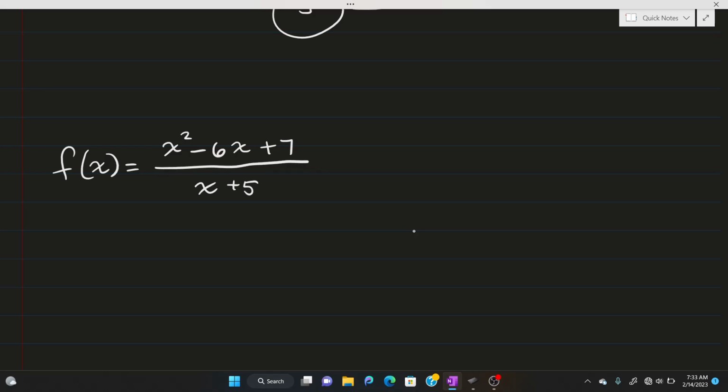So an example could be like this. x squared minus 6x plus 7 over x plus 5. So now notice I have a second degree polynomial in the top, first degree in the bottom. So I'm going to have what's called an oblique asymptote, which is an asymptote that follows a linear equation.